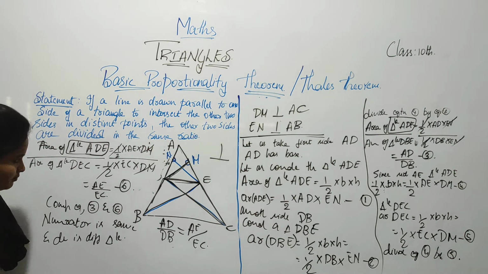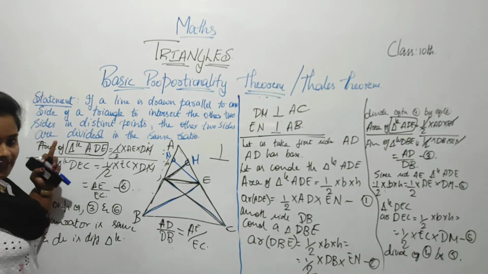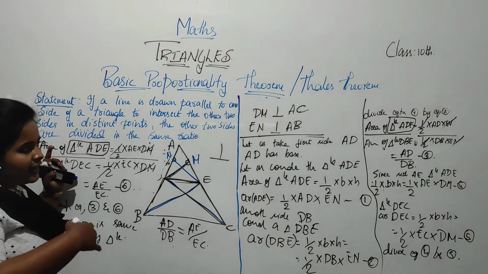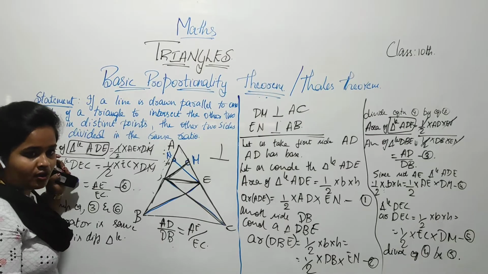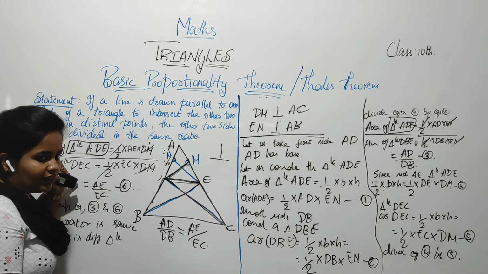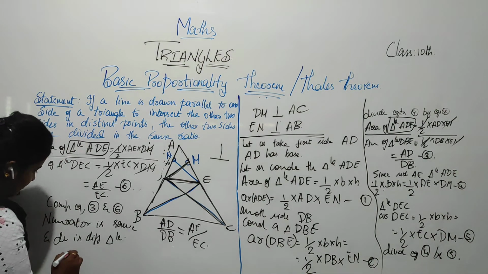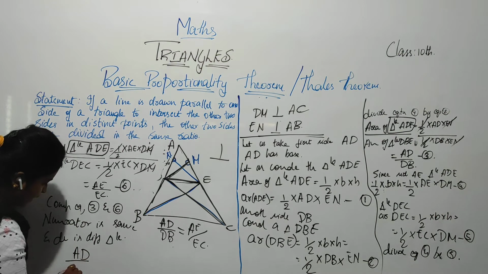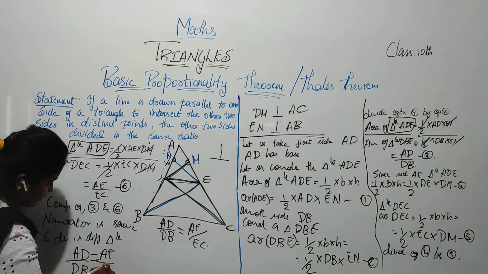If these two are equal, then the right hand side is also equal. So here AD by DB equals AE by EC.